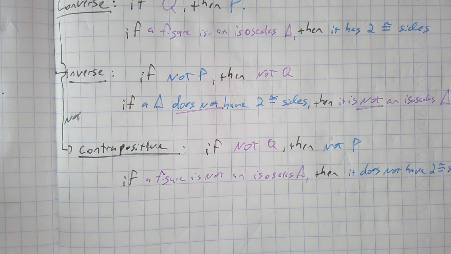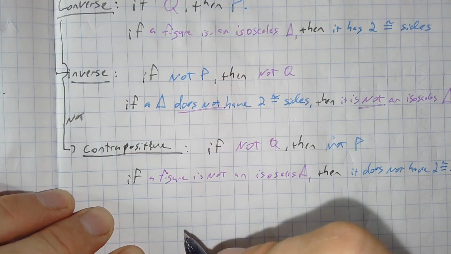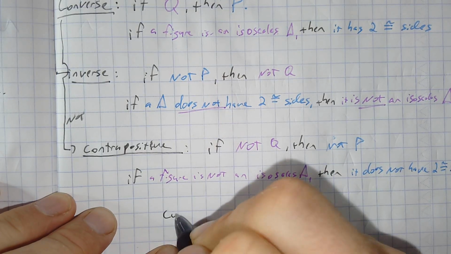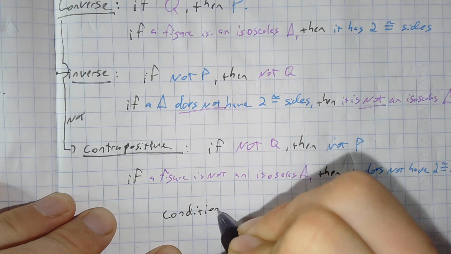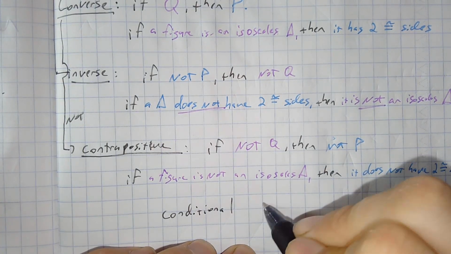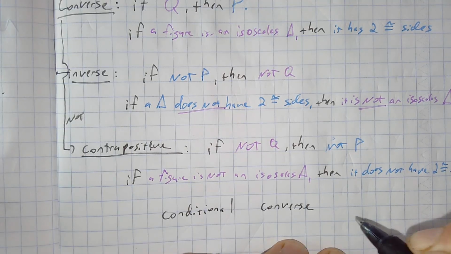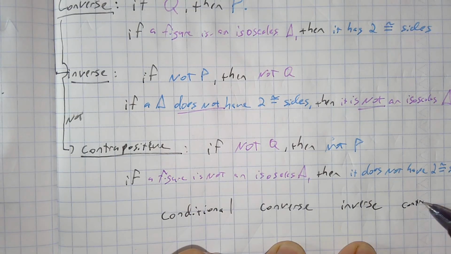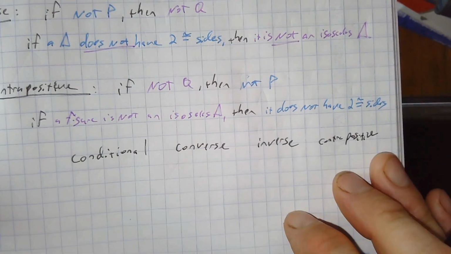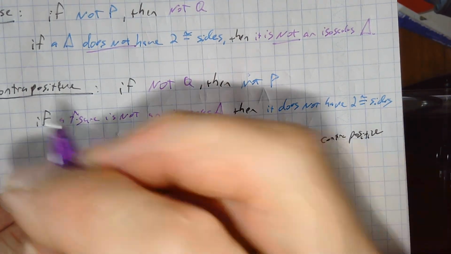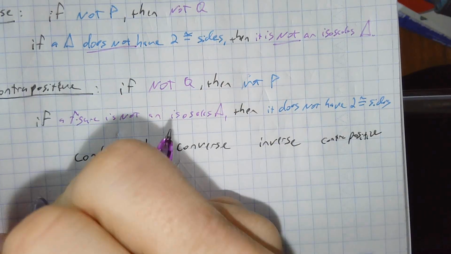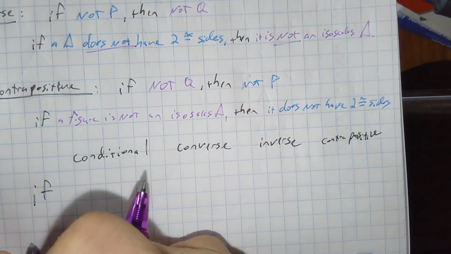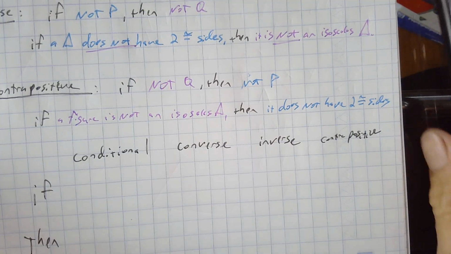Okay, so here's a table. This is going to be the conditional statement. Then we have the converse. And we have the inverse. And we have the contrapositive. Okay, so these are all going to be ifs and thens.